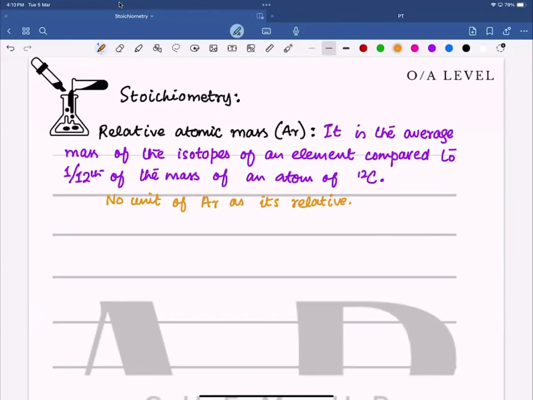Okay. And from where we get these values, the relative atomic mass? So the value of relative atomic mass is found in the periodic table.